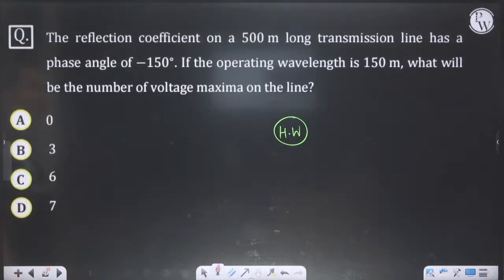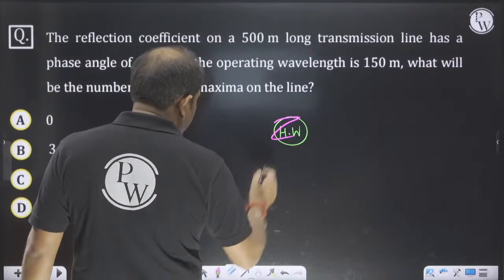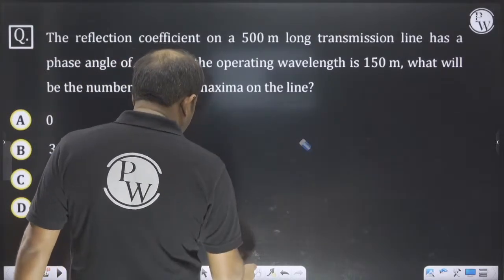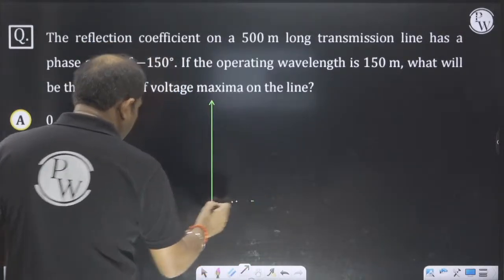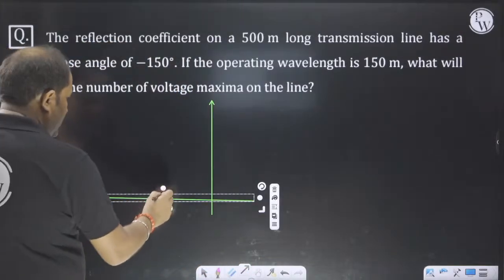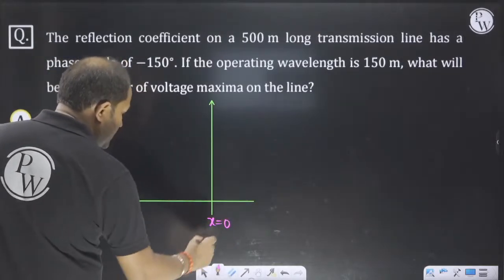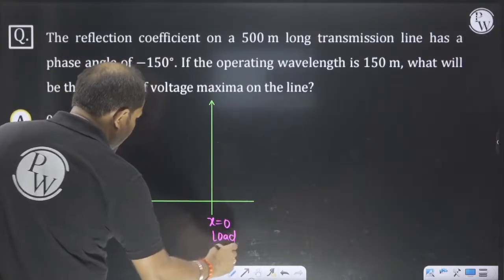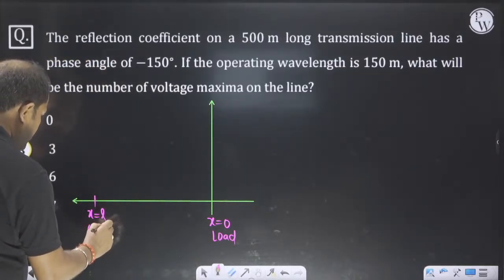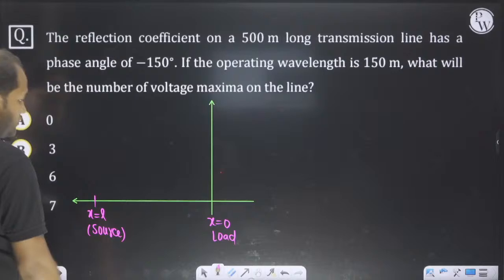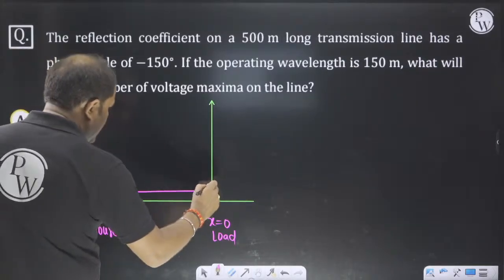This is a very good question. They have asked the number of voltage maxima and minima. You have to note it down in your summary also: this is our load, x is equal to 0, and this is our XL, x is equal to L, the source.